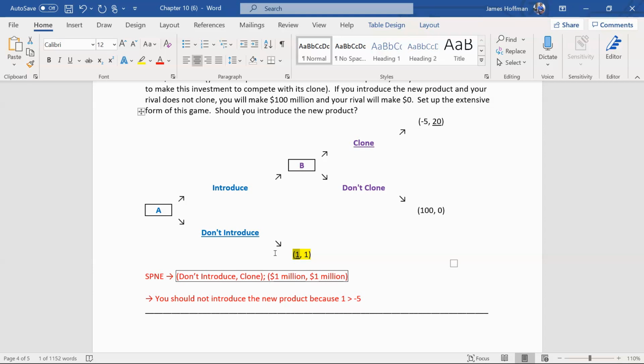Okay? So the outcome is this highlighted result here, where player A has a first mover advantage and has done the calculation. It's not going to give player B the choice. Its best outcome is just to not introduce it, not get it stolen, and just take the 1 million.